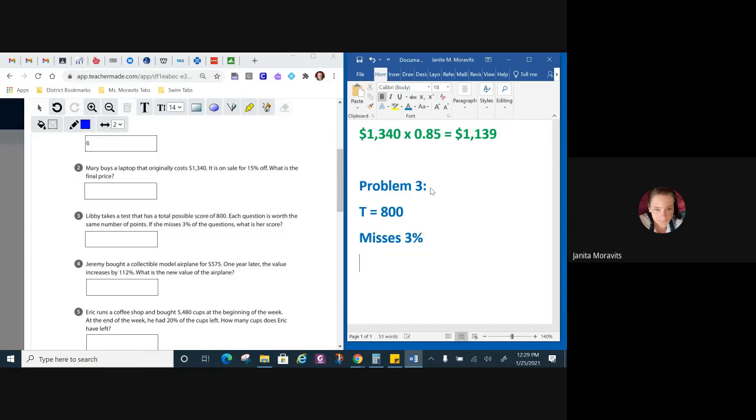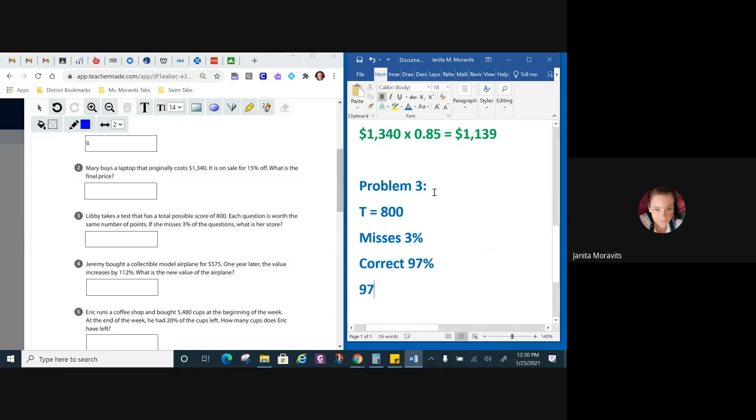Well, 100% minus 3% would be 97%. So she got 97% of it correct. But we don't know how many points that is on her score. We're not talking about a grade, we're talking about a score. The total score could have been 800. So we need to find out what 97% of 800 is.